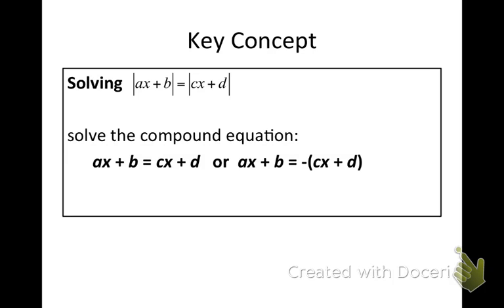Okay? So it's just like we were doing before. You take the positive. It's just now your negative gets a little bit more complicated because you have two terms instead of just one term. Like the other ones, we had 7 on the right side, so we just made it -7. Now we're going to have something else with it that's going to have to also become a negative. Okay? All right, let's do an example.